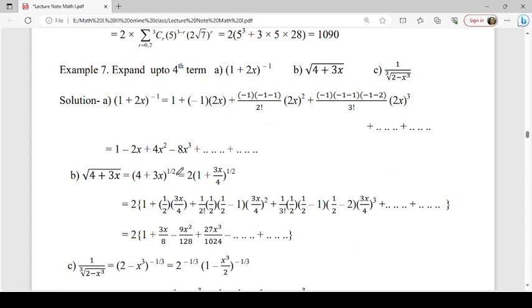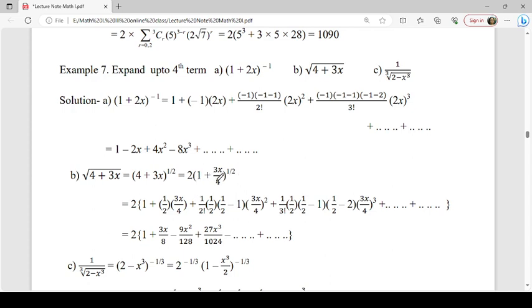power half. Now because we need 1, we take 4 common, then this is (1 plus thrice x by 4) whole to the power half. So the square root of 4 is 2, then 2 we take outside, and it is (1 plus thrice x by 4) whole to the power half.